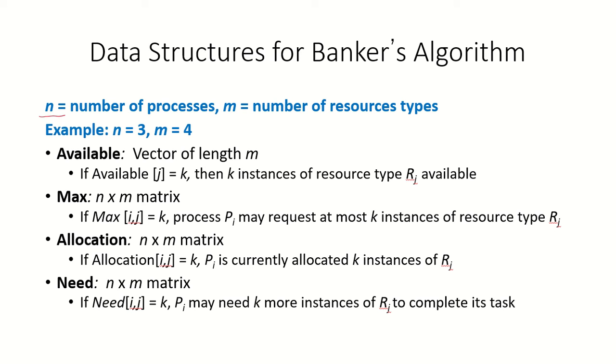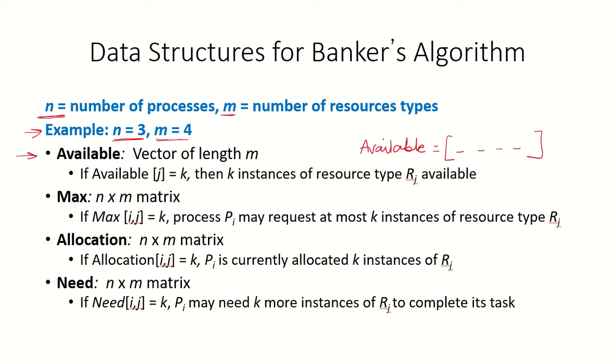So we are assuming over here that n is the number of processes and m is the number of resource types. And in this example, we are taking the number of processes as 3 and the number of resource types as 4. The first data structure that is required is Available, a vector of length m, and since m is 4 over here, this will have 4 elements.